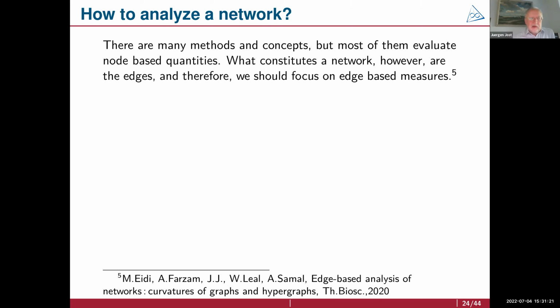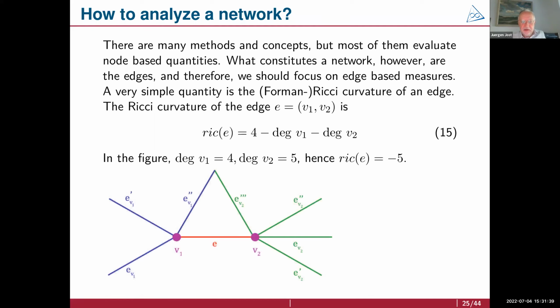And you cannot just look at them and detect the structure, you need methods. And in our work, we have focused on the edges because they constitute the important aspect, in our opinion, of a network.